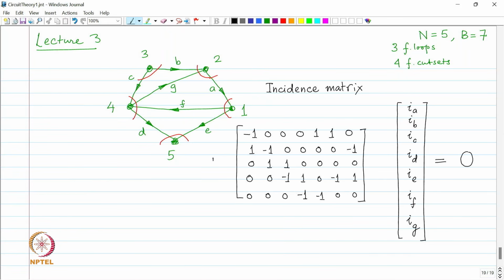N rows, B columns. Okay, it has B columns, N rows, fine. And the elements in the incidence matrix can be either 0 or plus 1 or minus 1. These are the only possible values, fine. Nothing else is possible. You can't have minus 2. Okay, good.